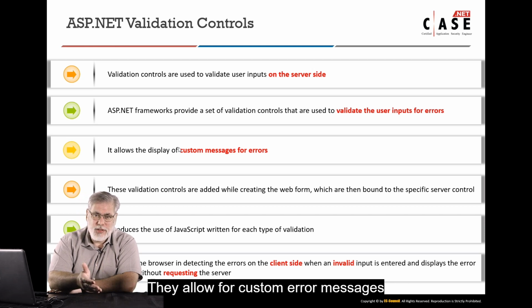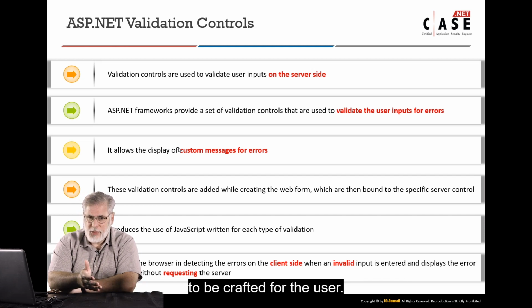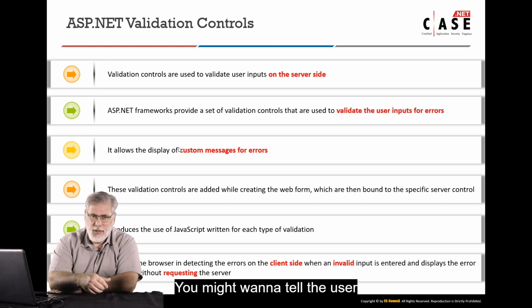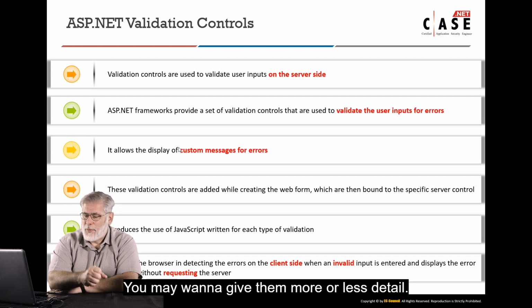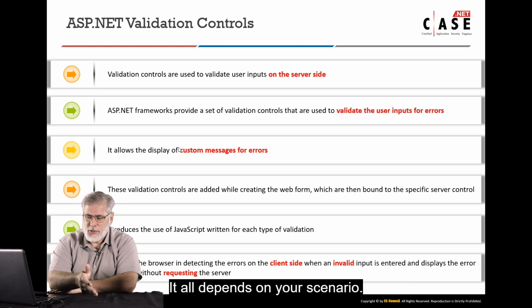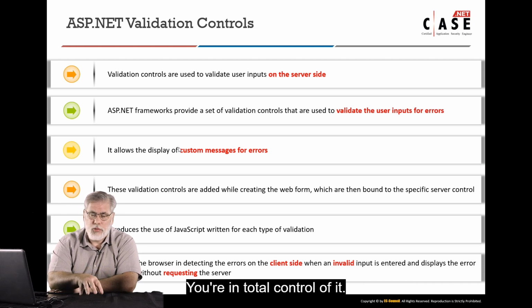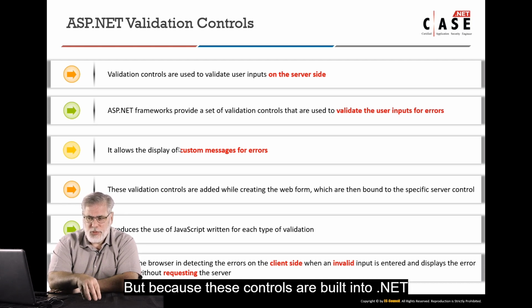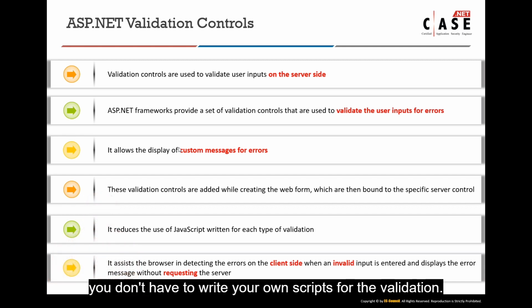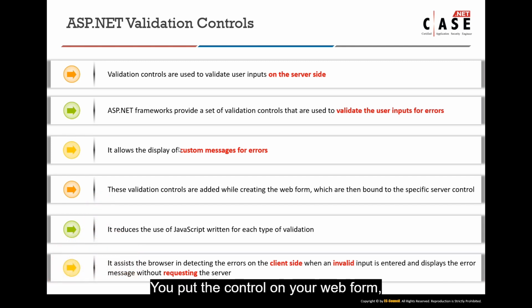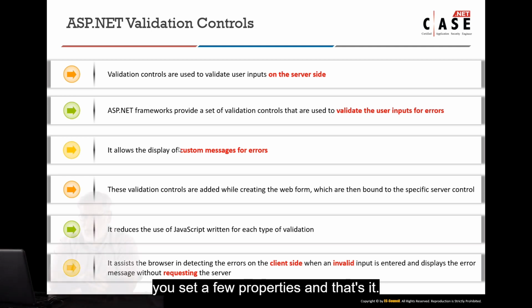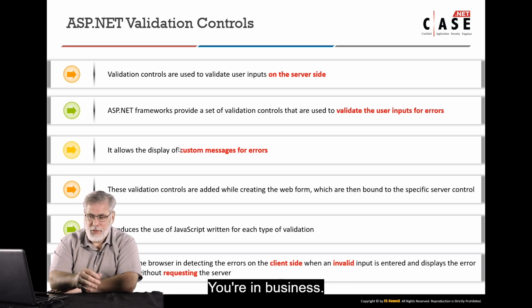They allow for custom error messages to be crafted for the user. You might want to tell the user that sort of input isn't allowed. You may want to give them more or less detail. It all depends on your scenario. You're in total control of it. But because these controls are built into .NET, you don't have to write your own scripts for the validation. It's already built in. You put the control on your web form, you set a few properties, and that's it. You're in business.